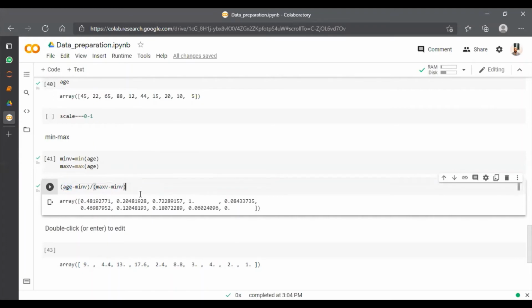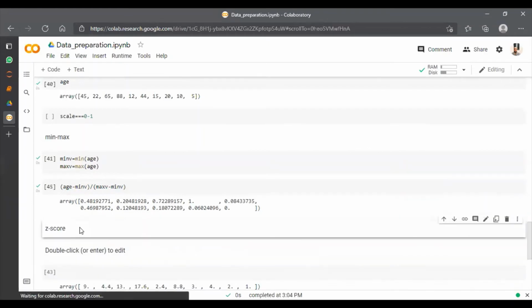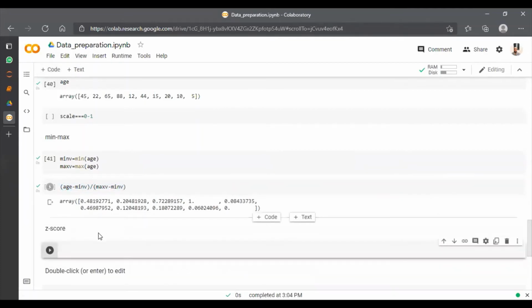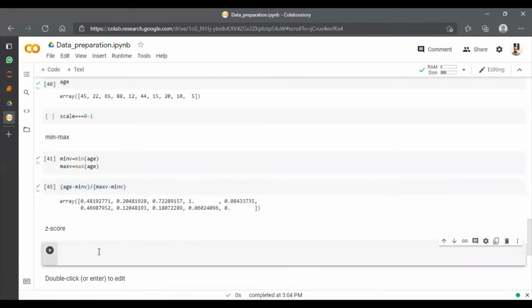So another standardization formula is the Z-score standardization. Do you understand that? Using this particular formula, your data points minus the mean of the data, over the standard deviation.